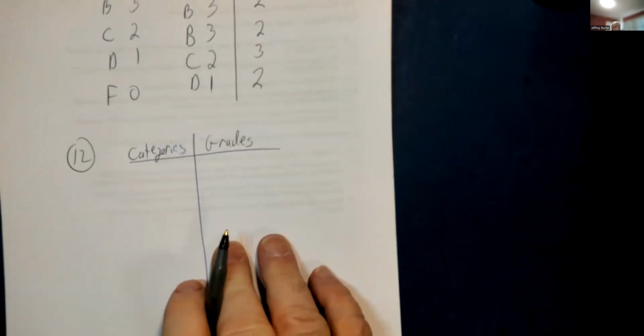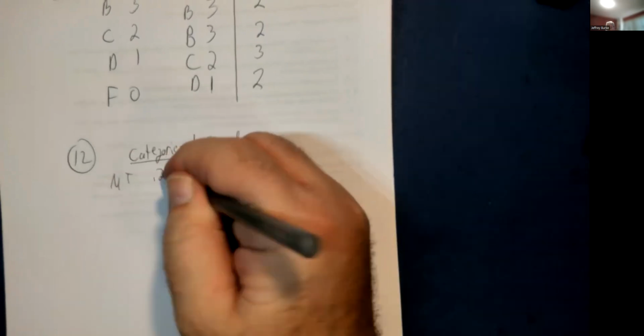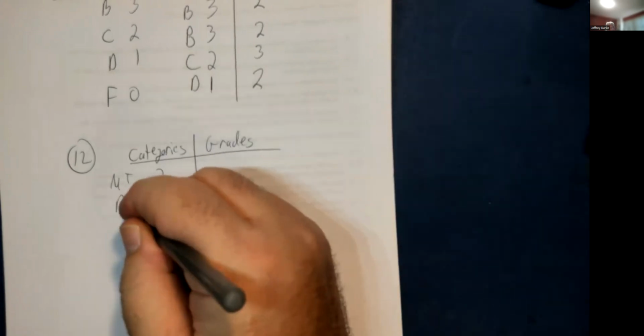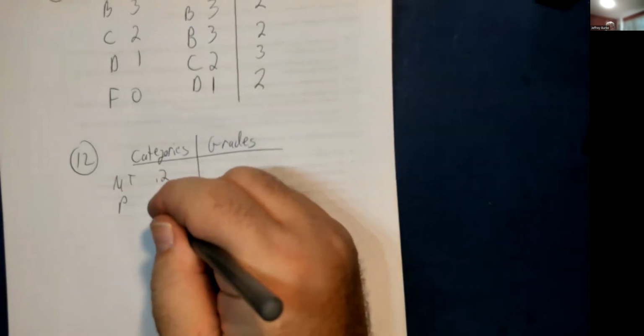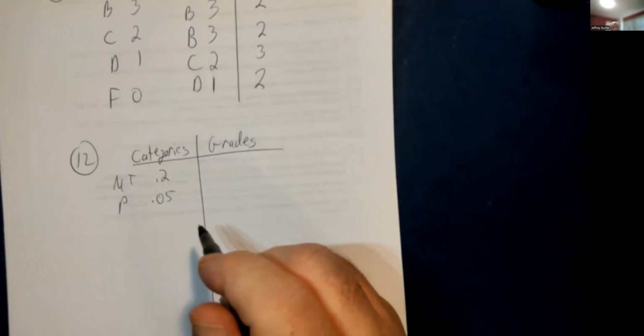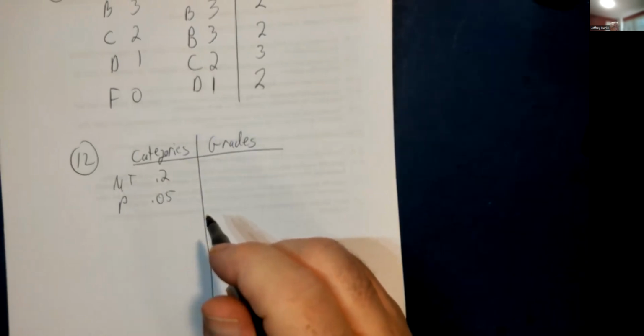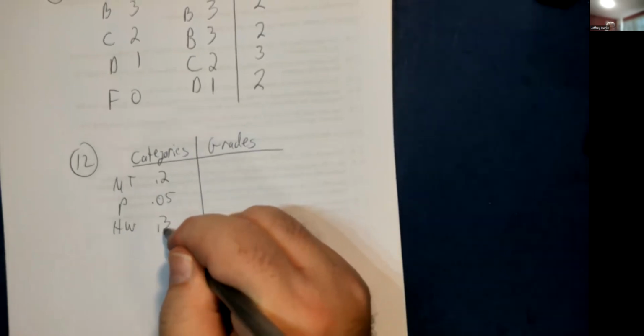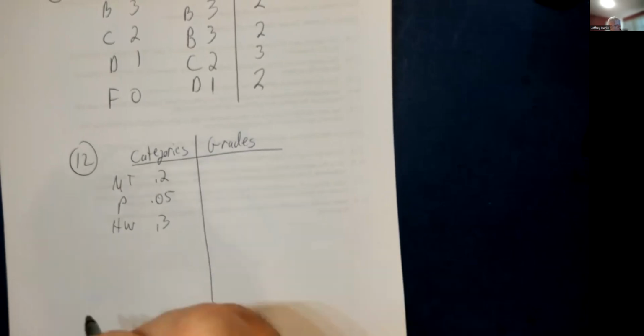The midterm is going to be 0.2. The project, it says 5%, that's going to be 0.05. The set of homework assignments is going to be 0.3. And then a final that counts as 45.